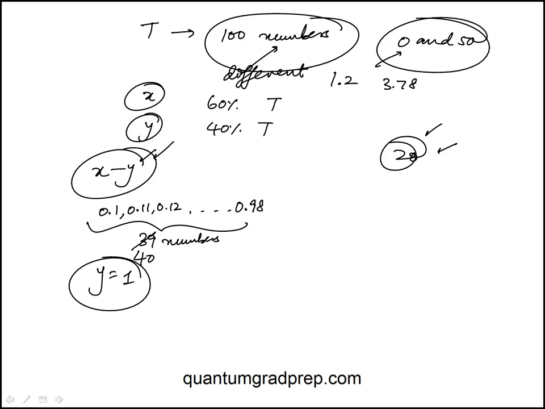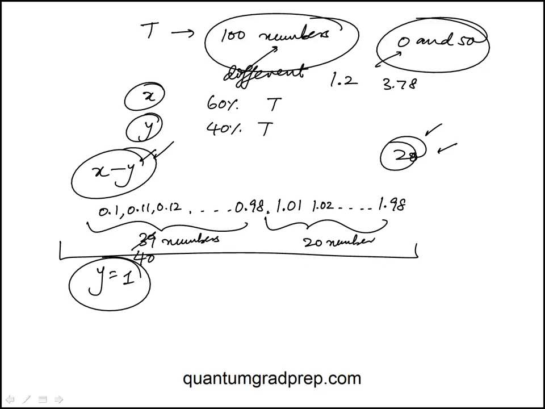Now I'm going to try to make x also fairly small, so we can keep pushing. We can go from 1.01, 1.02, the next 20 numbers up to 1.98. So now we have 60 numbers here.